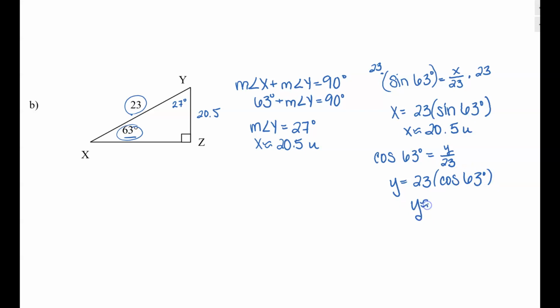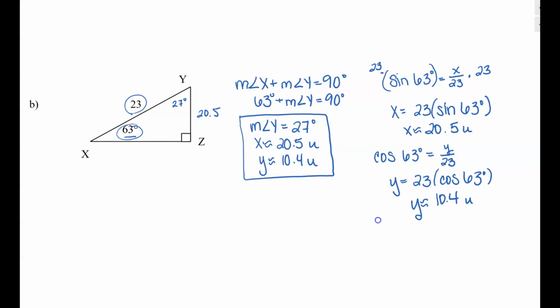And then I'm going to round to the nearest tenth, so 23 times the cosine of 63 degrees, not the inverse, because I'm not looking for the angle measure, is approximately 10.4. When you are solving triangles, please write all your found answers together in one fantastic little spot. And yeah, in case you haven't figured it out yet, it is definitely not drawn to size, our triangles.